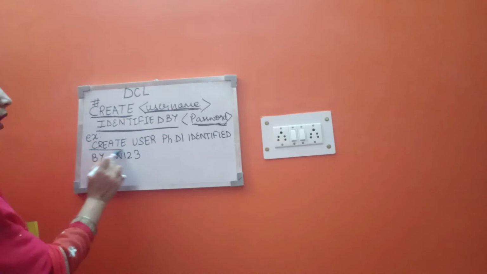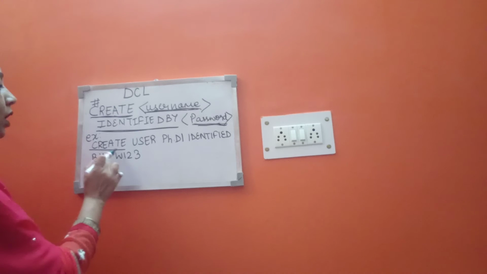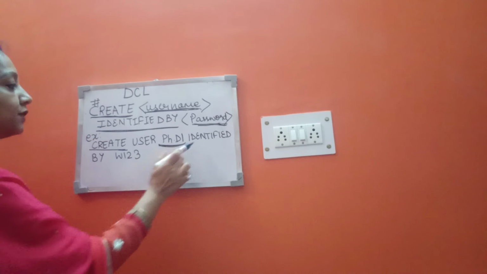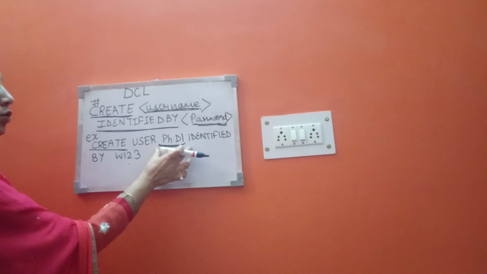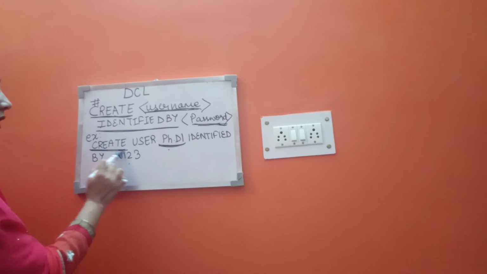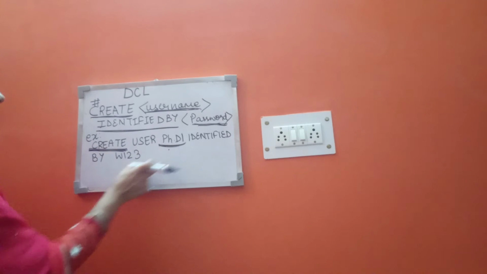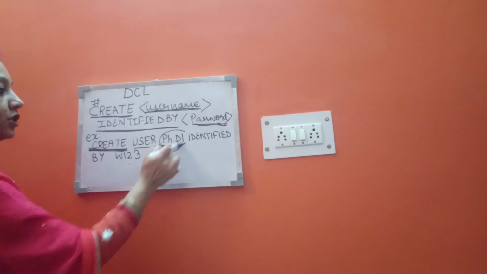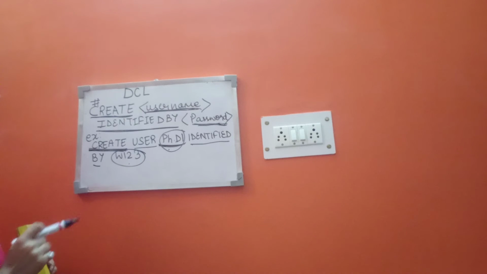For example, a student in the PhD course wants to access information regarding PhD from the college website. When this user is signing up, the website will ask for a particular username and password. When that is provided, the system administrator will create the username and password using the command: create user phd1, which is the username, identified by w123, which is the password.